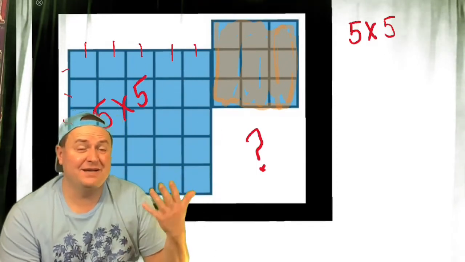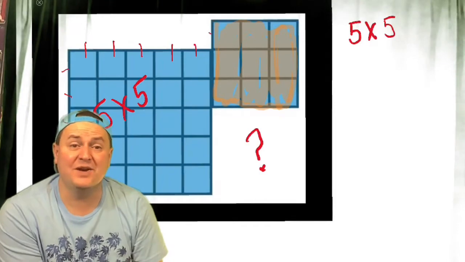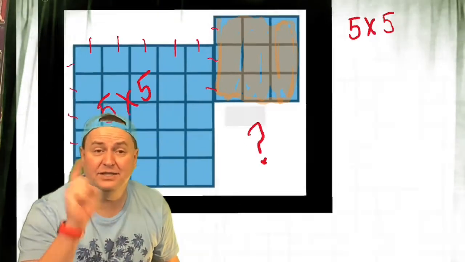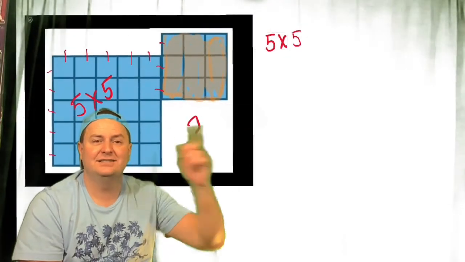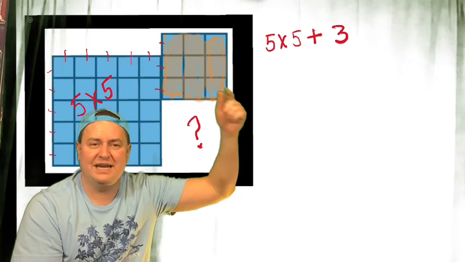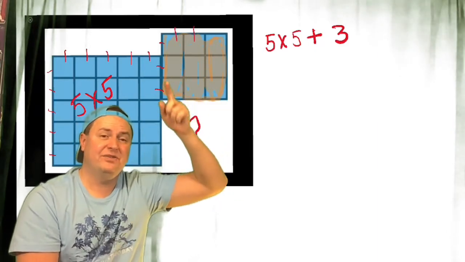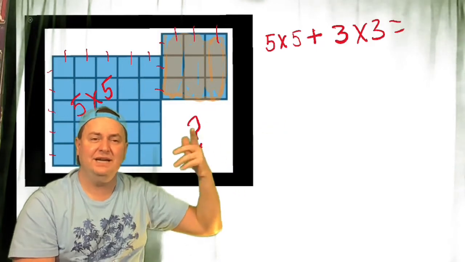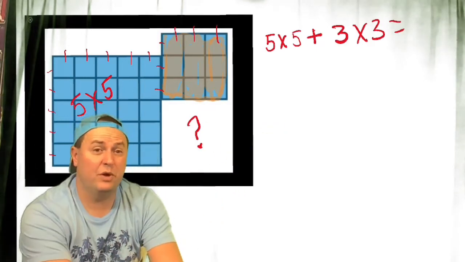And that was 5 times 5. Pretty simple one, right? We can do 5 times 5. So 5 times 5, and then we're going to also add the 3 rows times the 3 columns, okay? So we can solve both of those.